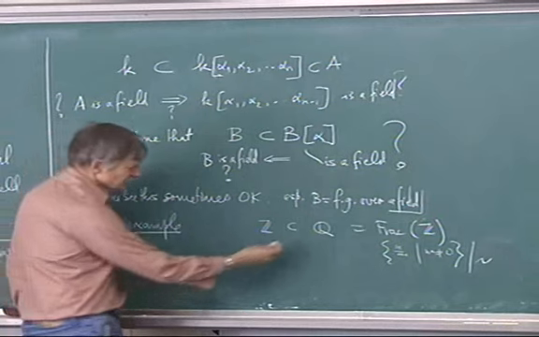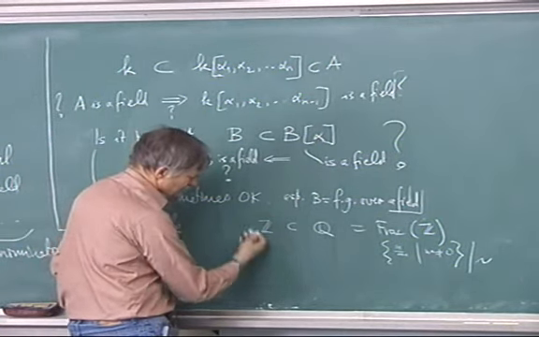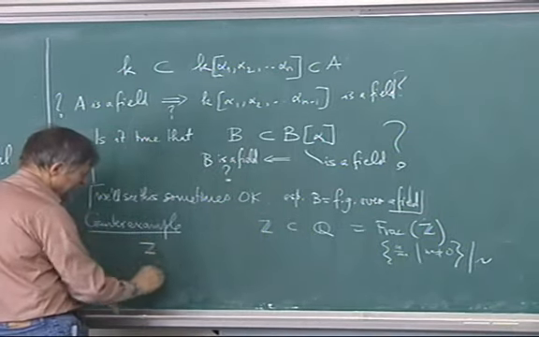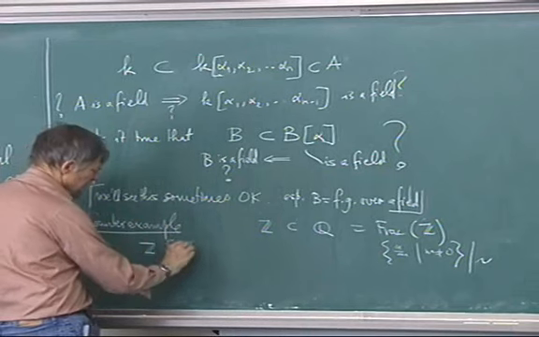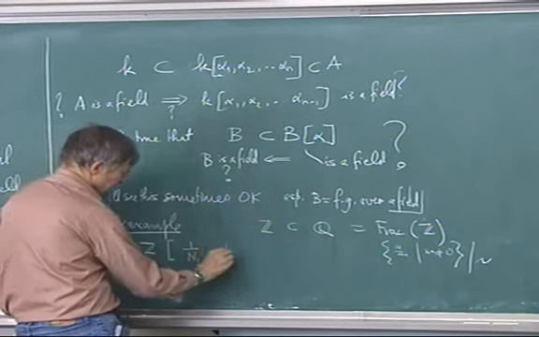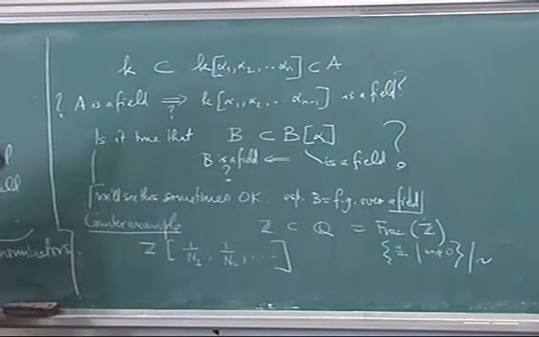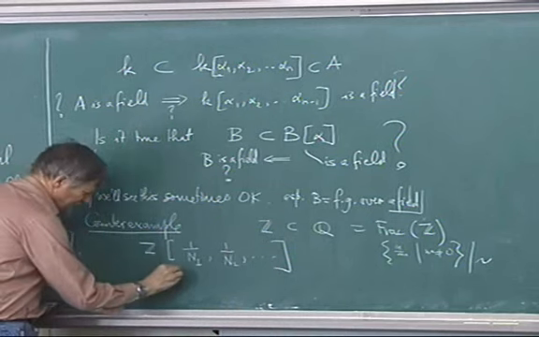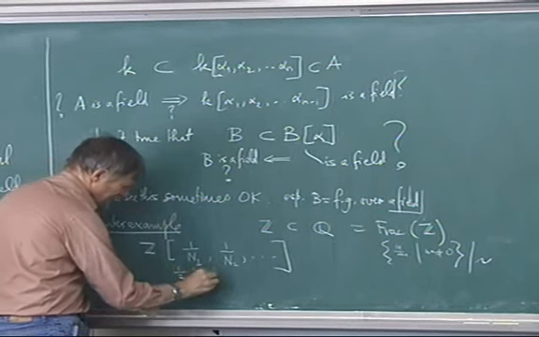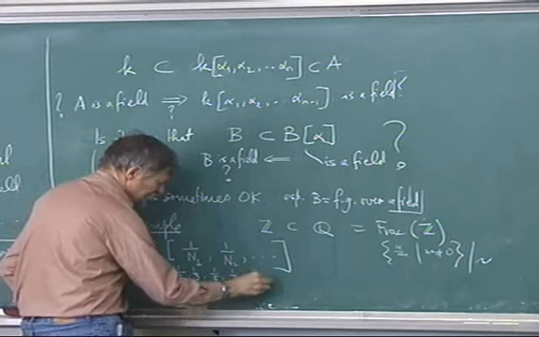Suppose I want to get Q as an algebra over Z, as a ring over Z. So what I'm going to do is, I might do Z and put in 1 over n, and then maybe 1 over n2, and so on. So the obvious thing to do here is put in 1/2, and then 1/3, and then 1/5, and then 1/7, and then 1/11, and so on.